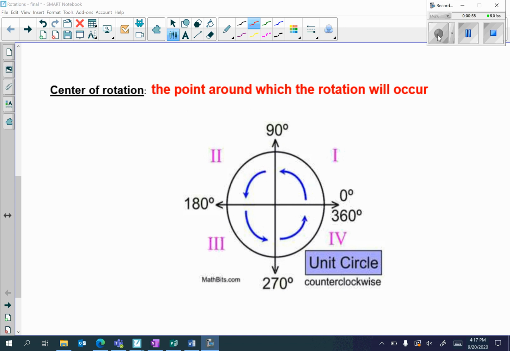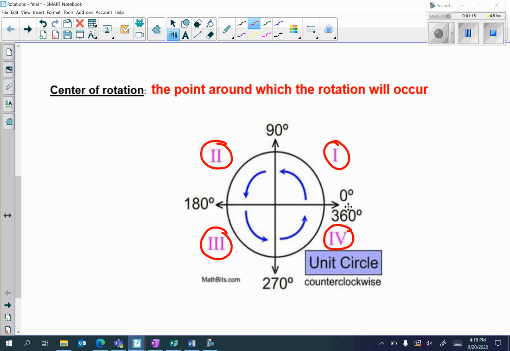Let's take a look at the unit circle in this diagram. The first thing that we notice is that each quadrant is labeled. We have quadrant 1, quadrant 2, quadrant 3, and quadrant 4, and those are represented by Roman numerals.